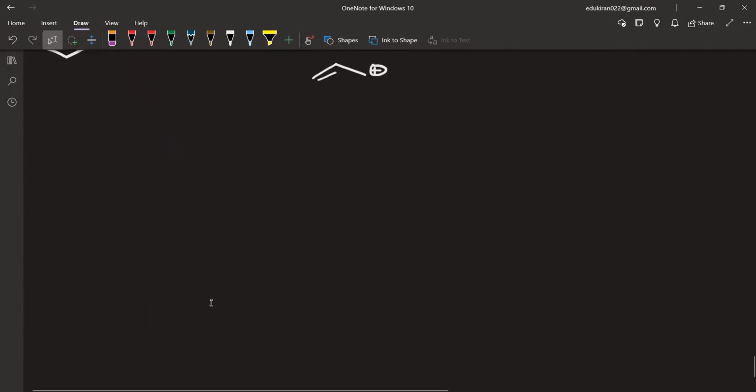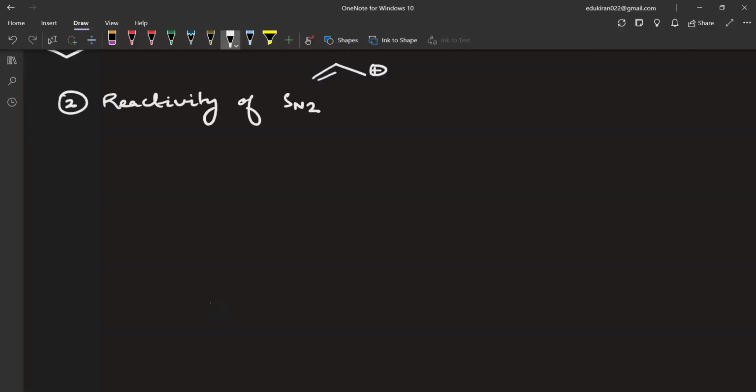Right, next, reactivity of SN2. Reactivity of SN2, please write.